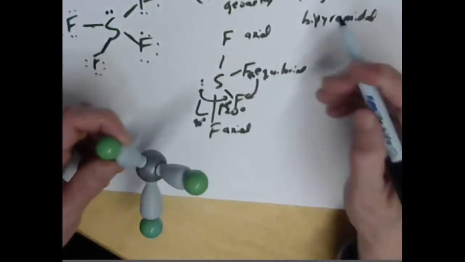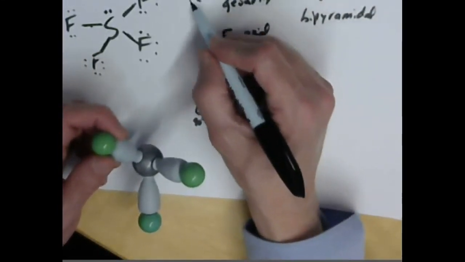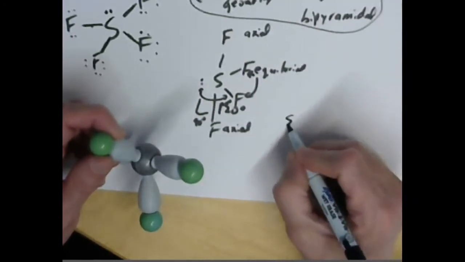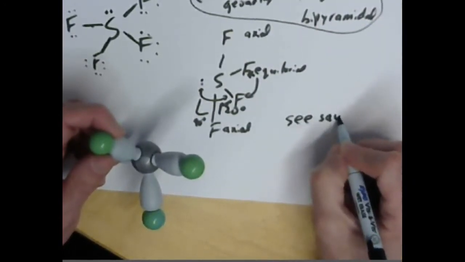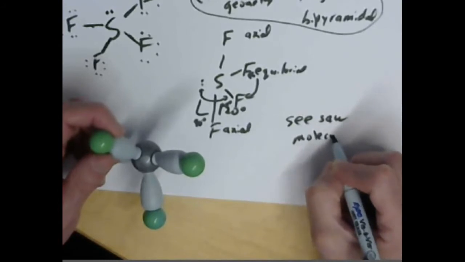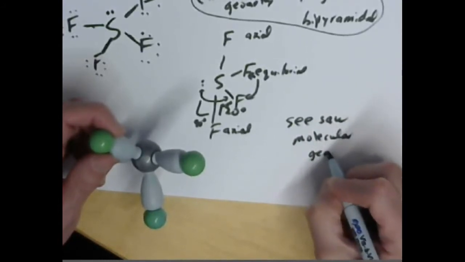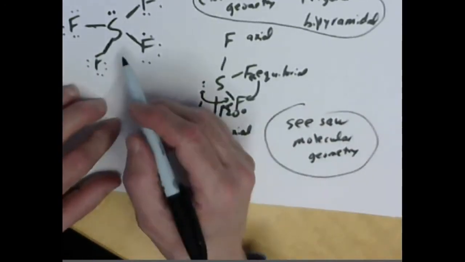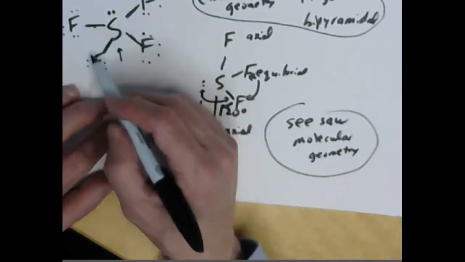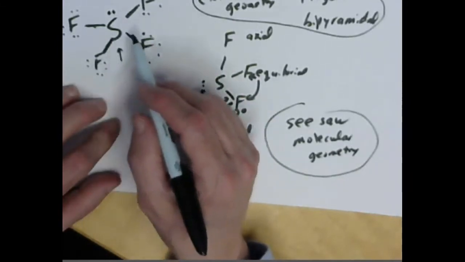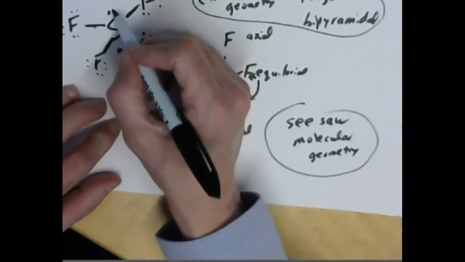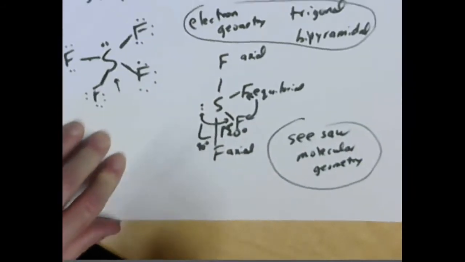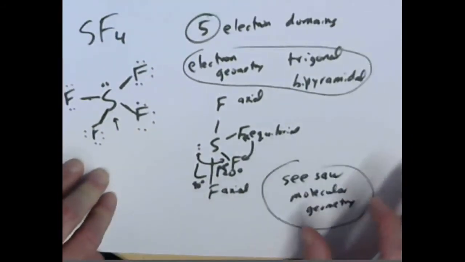So this is a trigonal bipyramidal electron geometry and a seesaw molecular geometry or shape. So that's the case where you've got a central atom with 4 bonding electron domains and a single non-bonding domain. 5 electron domains in all.